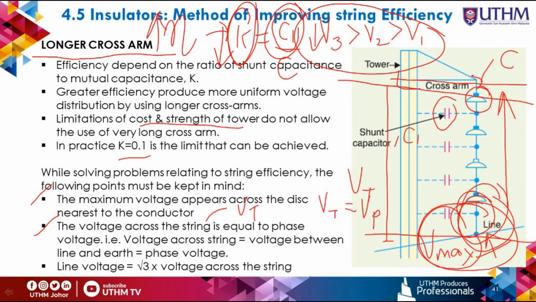If in the example or questions you get the line voltage, then you have to change from line voltage to the phase voltage. This is the equation to calculate the V phase. For example, we have V line equal to root 3 times V phase. So if we want to calculate the V phase, then we get V line over root 3.